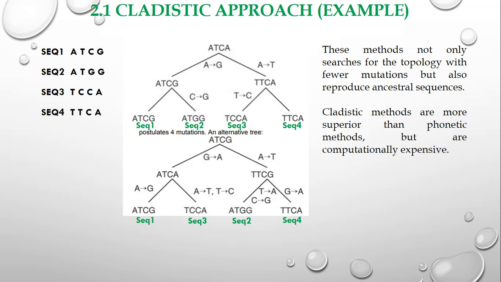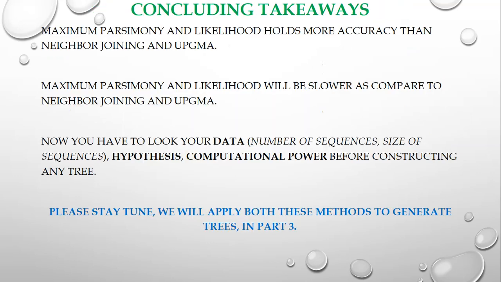So you should know from these two conclusions what you should know. Maximum parsimony and maximum likelihood hold more accuracy than neighbour-joining and UPGMA. So remember, if you are dealing with your data to construct a tree and you need more accuracy, then never try UPGMA or neighbour-joining. Try maximum parsimony and maximum likelihood.